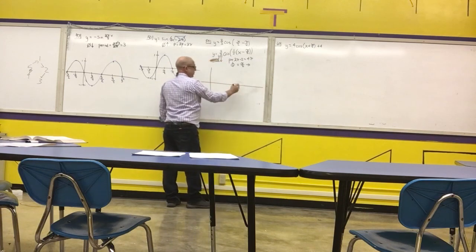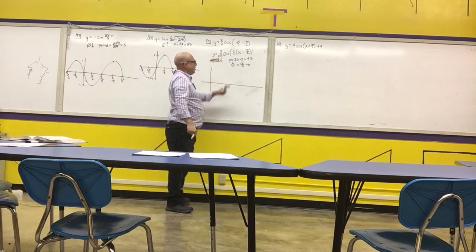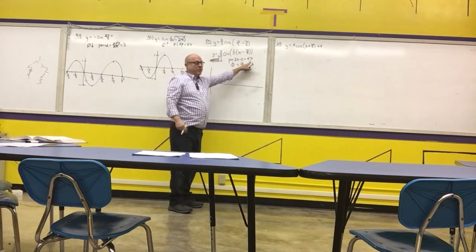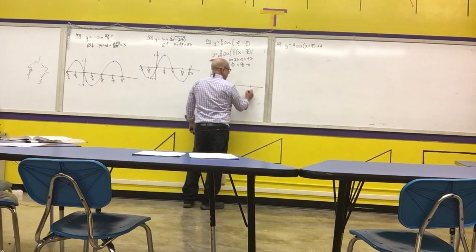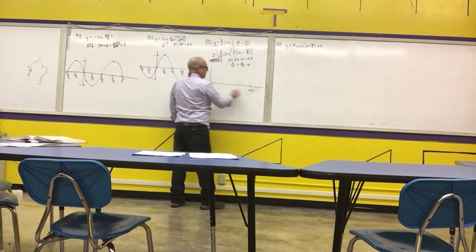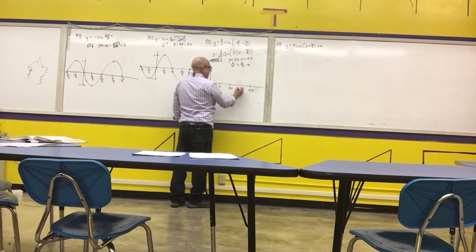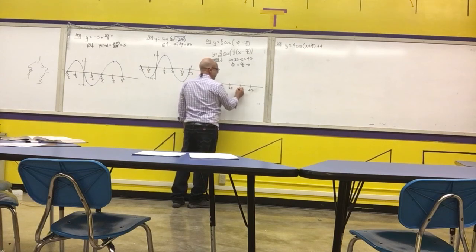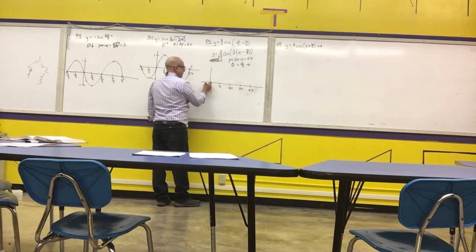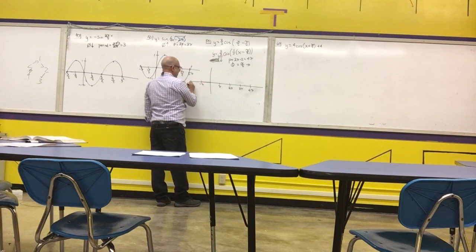So I'm going to be horizontal at 0. So the first thing I always mark off is my period. My period is 4 pi. Divide that into fourths. Half of 4 pi is 2 pi. Half of that is pi. And halfway between here would be 3 pi. In the opposite direction, I'd have negative pi, negative 2 pi.